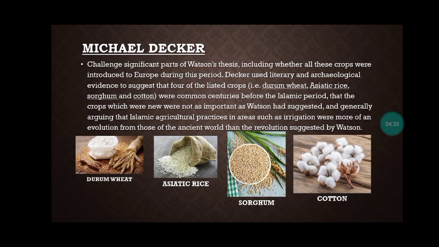Decker used literary and archaeological evidence to suggest that 4 of the listed crops, i.e. durum wheat, Asiatic rice, sorghum, and cotton, were common centuries before the Islamic period, that the crops which were new were not as important as Watson had suggested, and generally arguing that Islamic agricultural practices in areas such as irrigation were more of an evolution from those of the ancient world than the revolution suggested by Watson. So these are the durum wheat, Asiatic rice, sorghum, and cotton.